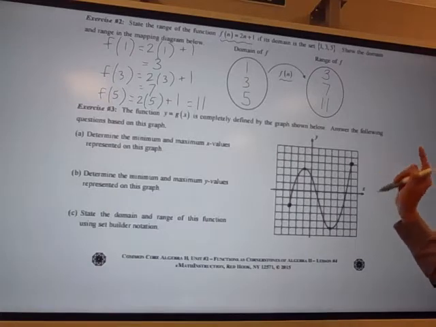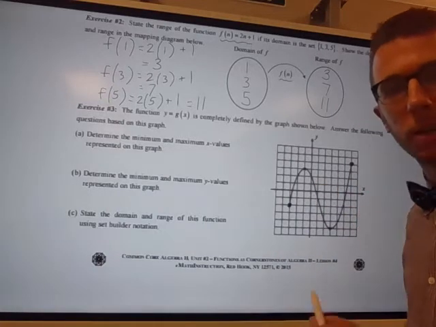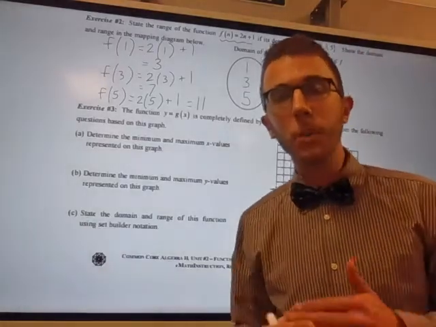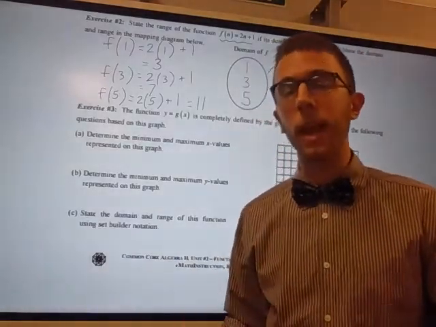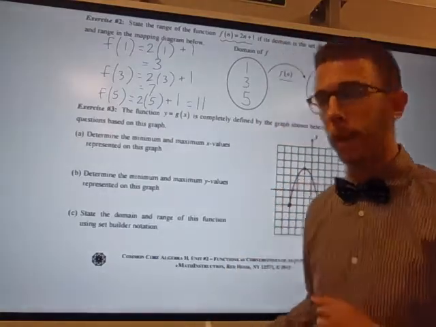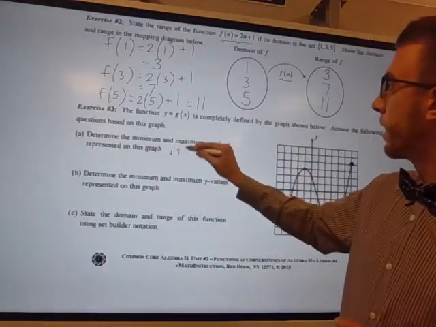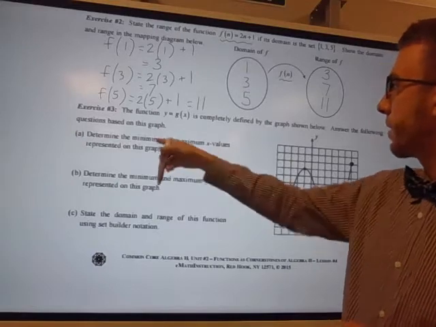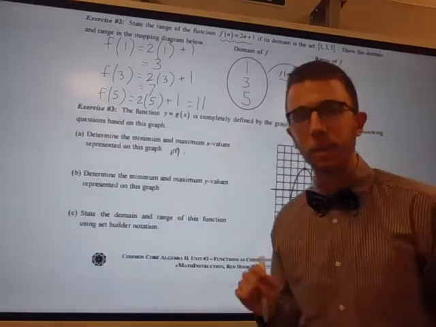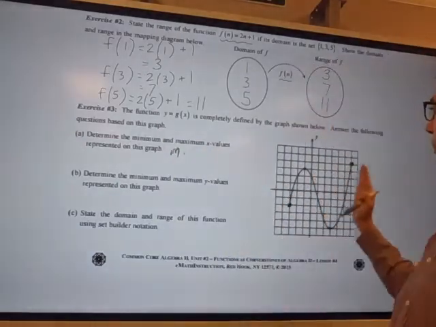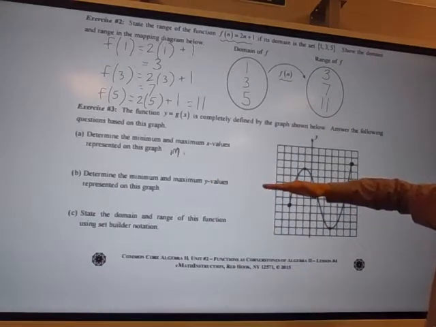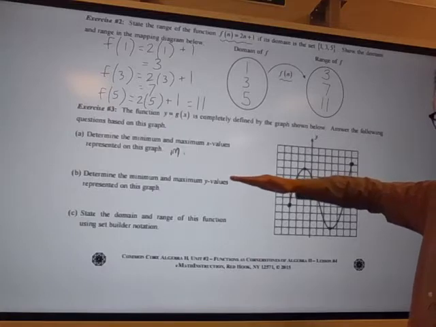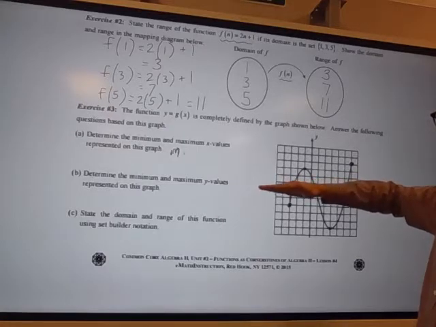Okay, so in order to come up with the domain and range of this function, it helps to break it down looking at the minimum and maximum of the x values and the minimum and maximum of the y values. So this first part says to determine the minimum and maximum x values. So we're looking all the way to the left, right? Because remember, your x is right here. This is your x-axis. My arm is currently transformed into the x-axis.